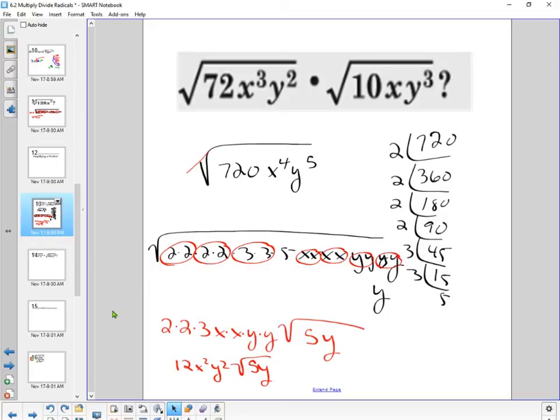Well, remember, for every 2, we bring 1 out. So they were in here, now it's outside. Think about it this way. If this is a 4, what's the square root of 4? 2, and that's where that 2 came from. Okay, I get it.